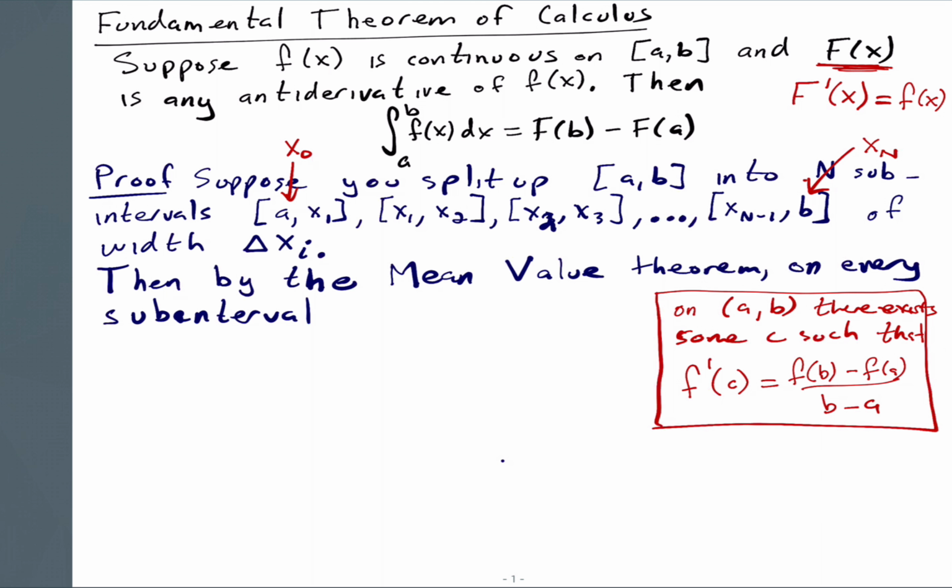Okay, now this is the mean value theorem that we saw when we were talking specifically about the mean value theorem. Don't get confused with the notation. What we basically want to do is apply the mean value theorem to every one of these subintervals.